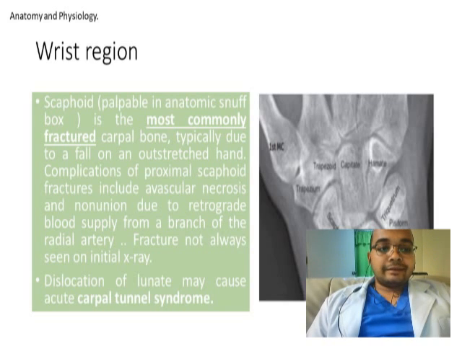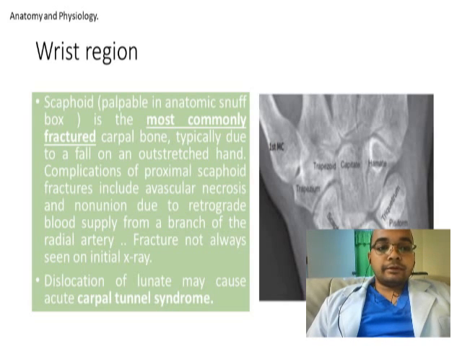Complications of proximal scaphoid fracture include avascular necrosis and nonunion, due to retrograde blood supply from a branch of the radial artery. Fracture is not always seen on initial X-ray. Dislocation of the lunate may cause acute carpal tunnel syndrome.